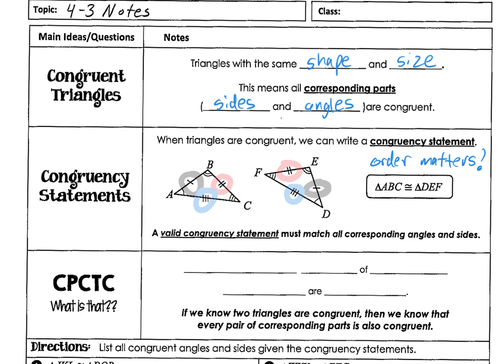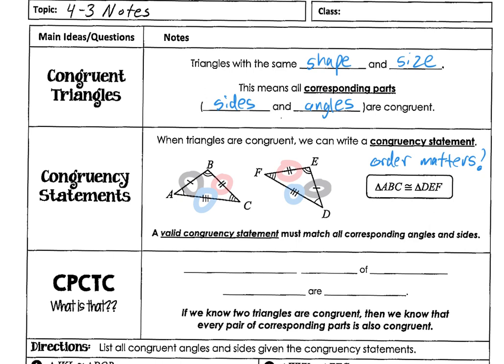They all have a corresponding side in the other triangle. Same thing with all the angles. Every side must match up to another side, every angle to another angle, to where if I were to rotate triangle DEF, I could place it right on top of ABC and it would look exactly the same.